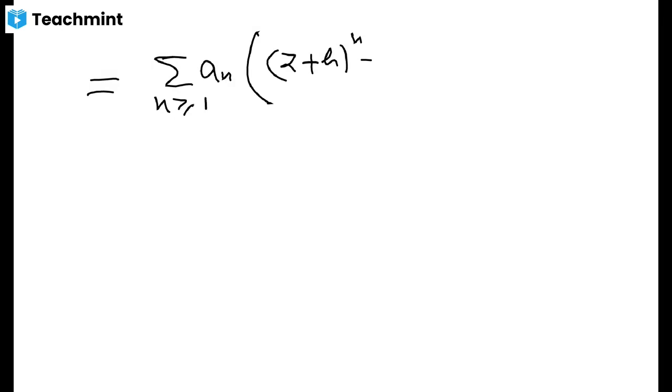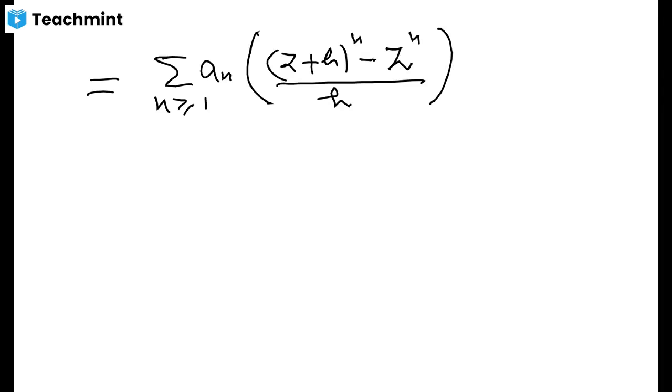Now you have a_n, where n is greater than or equal to 1, times (z plus h) to the power n minus z to the power n, upon h.